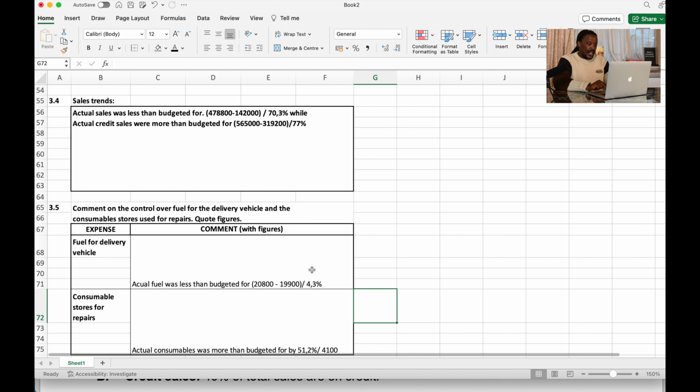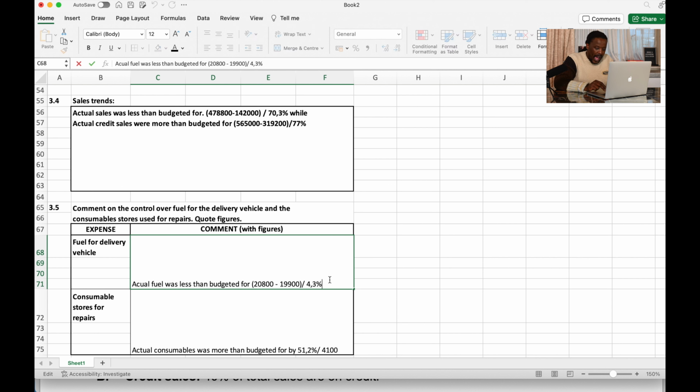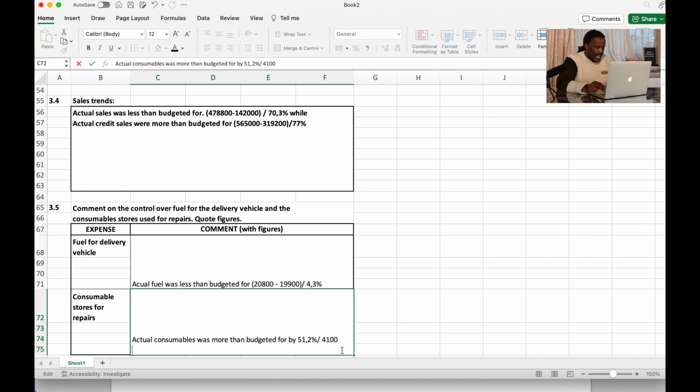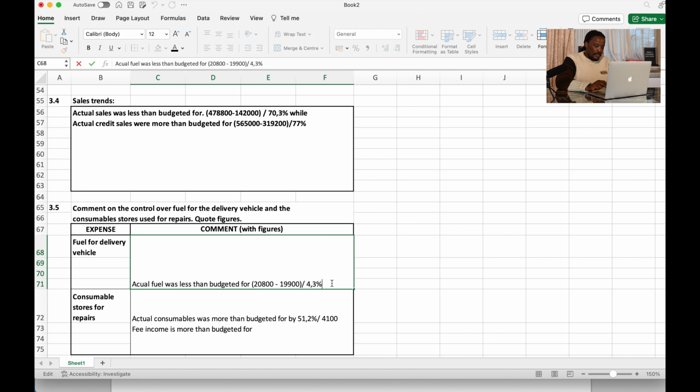This is a free mark. Let's mention maybe one other argument. Maybe here fee income is more than budgeted for. Fee income is more than budgeted for. And you can refer to that earlier, we did that transaction just for the sake of completeness, and you get your maximum marks.